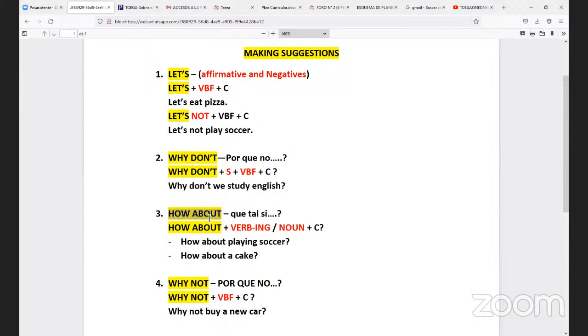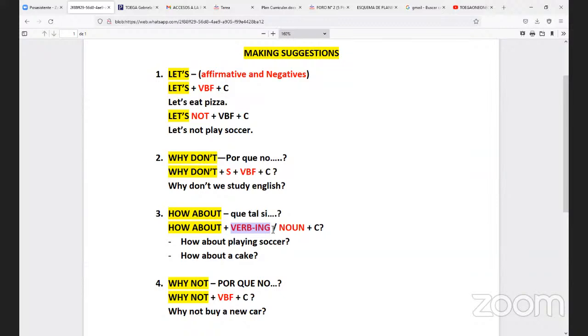The second way that we can use to ask for a suggestion is how about. The meaning of this is ¿qué tal si? In this case, we don't use the verb in base form. We use the verb plus ing. So if we want to ask for a suggestion that expresses an action, we use the verb with ing.